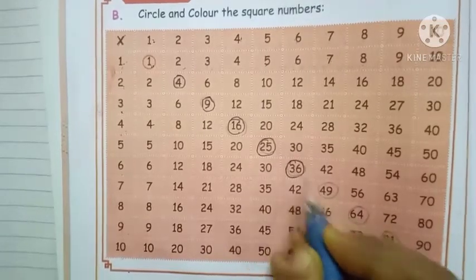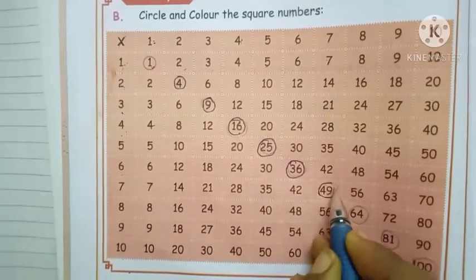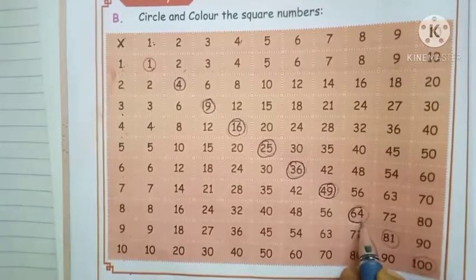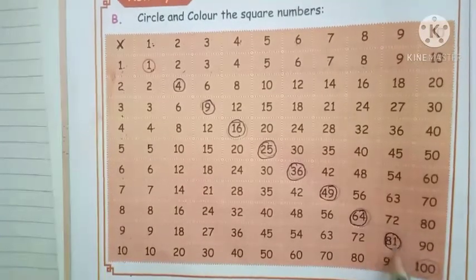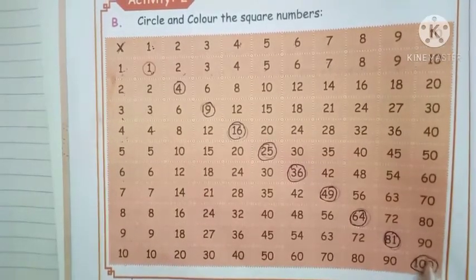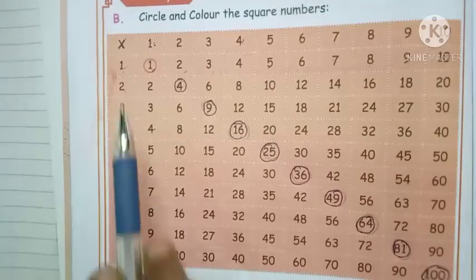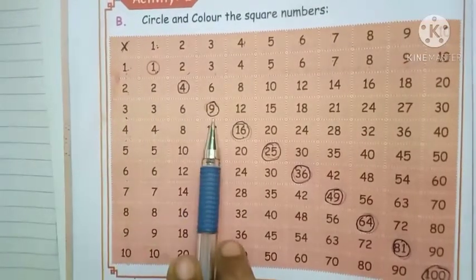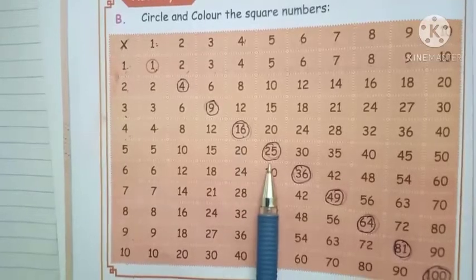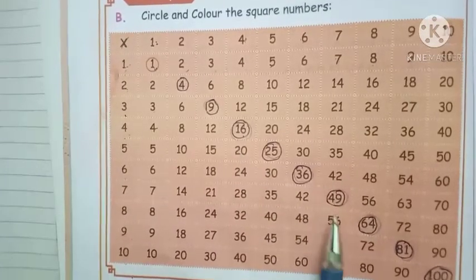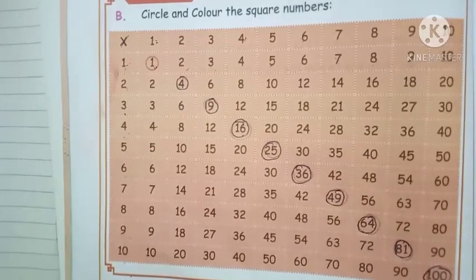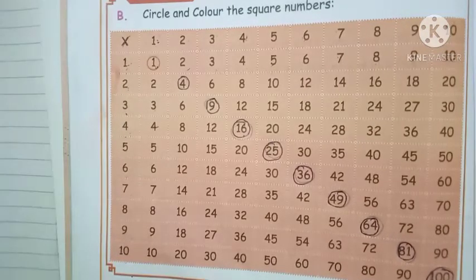So first remember and keep in mind all the numbers. Then it helps to do the sums for this exercise. First number 1, 4, 9, 16, 25, 36, 49, 64, 81, 100. These are the square numbers.